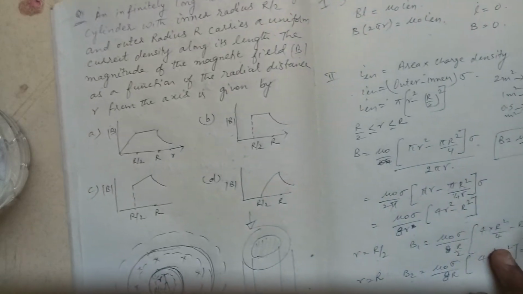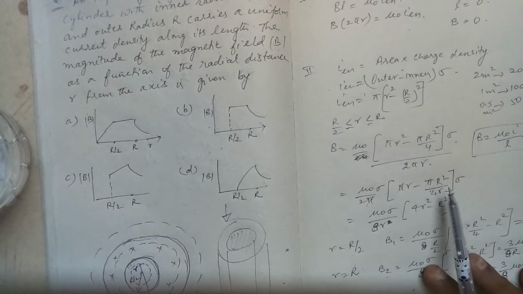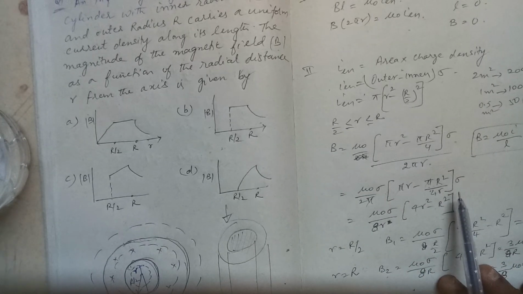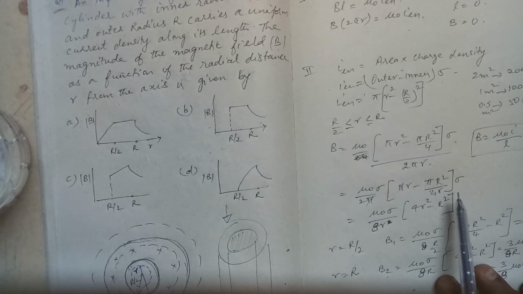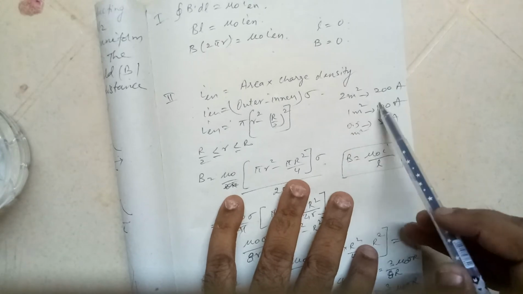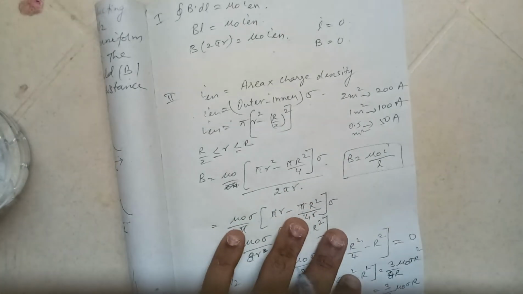Now, what do I mean by charge density uniform? So this current, what is flowing through this conductor, which is a long conductor, if you take any part of that, it is uniform. That means, let us say the area is 2 meters square and it carries 200 amps. If I take 1 meter square, it is 100 amps.